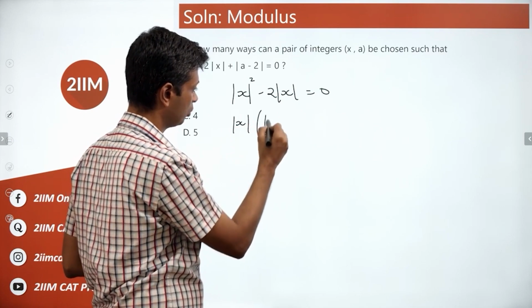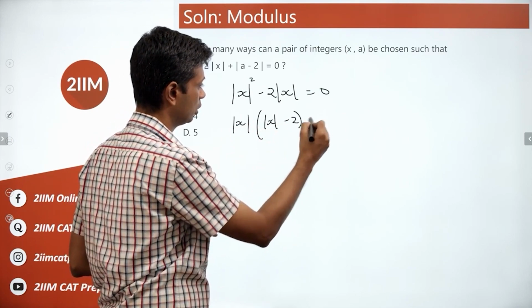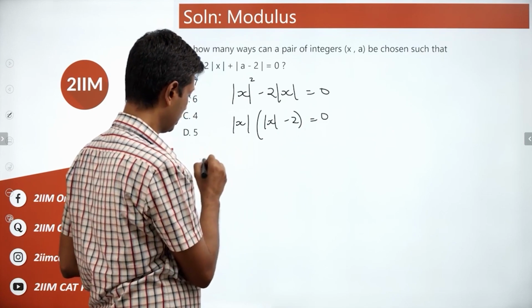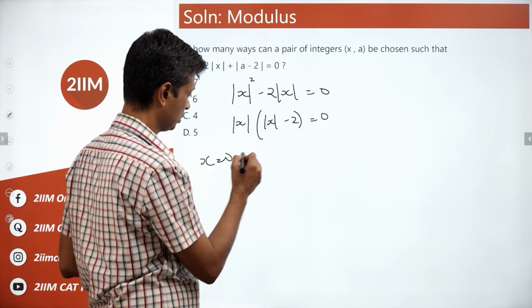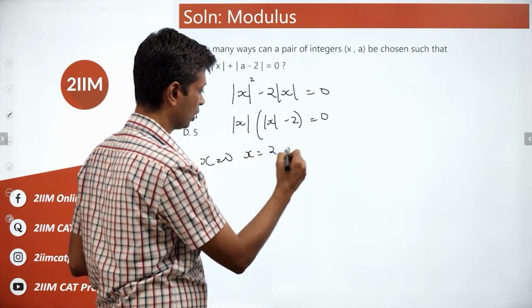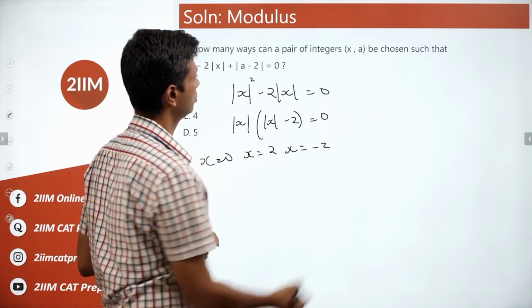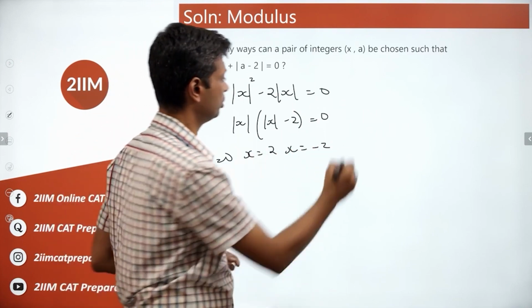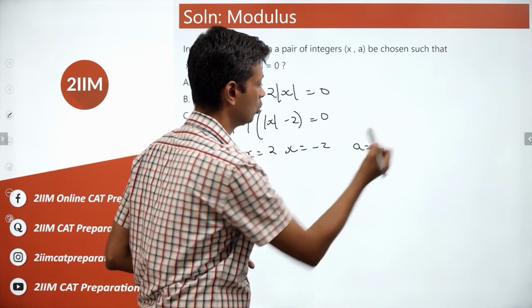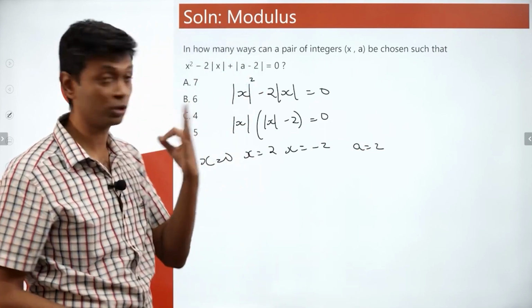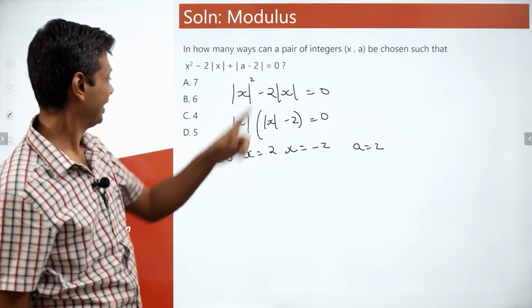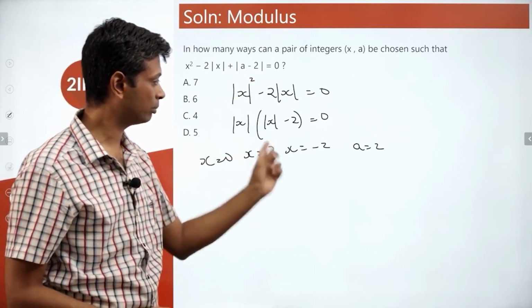Mod x into mod x minus 2 equal to 0, so x could be 0, x could be 2, x could be minus 2. For all of these possibilities, a equal to 2 works. So there are 3 possible solutions here. X and a: 0, 2; 2, 2; minus 2, 2.